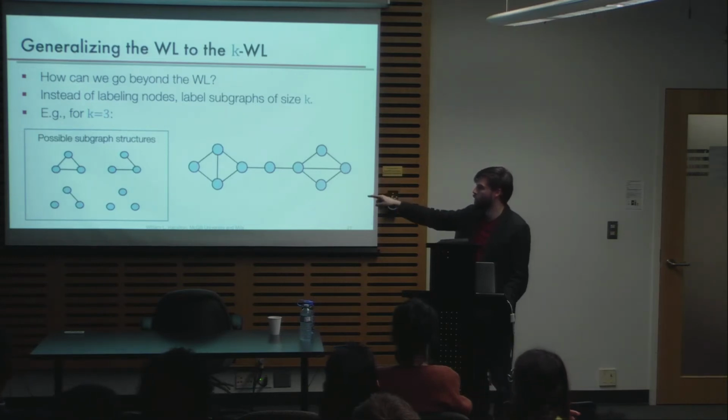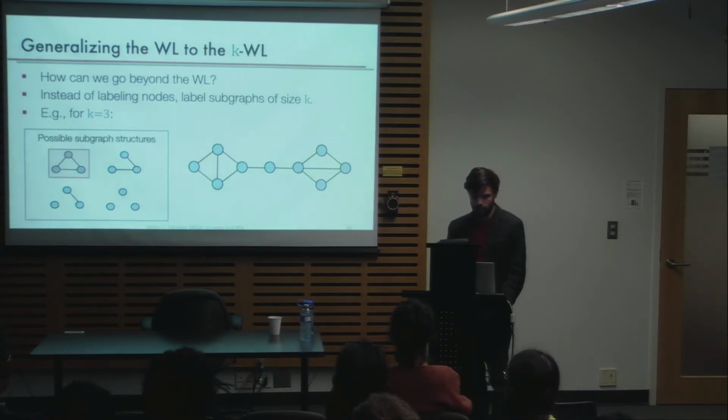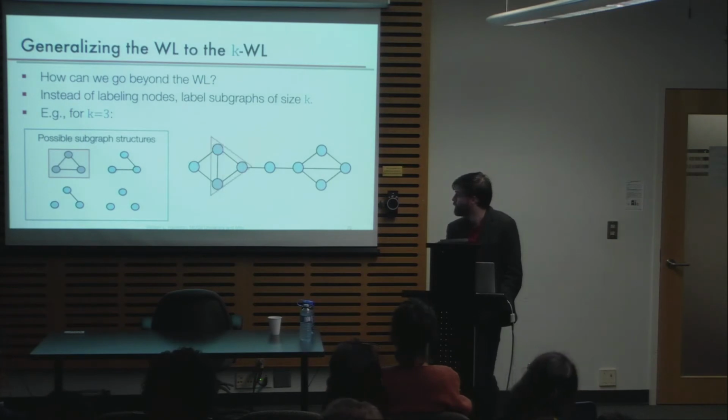We can have 1 isolated node and 2 connected nodes, or 3 isolated nodes. And what we're going to do is we're going to look in our graph and find all the instantiations of these different subgraphs. So here there's all these different connected ones. We see many examples of chains. There's many examples of places where we have 2 connected nodes and 1 disconnected node. And there's many places where you can find 3 disconnected nodes in this graph.